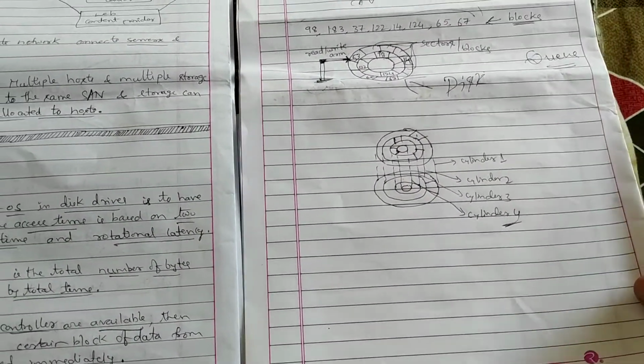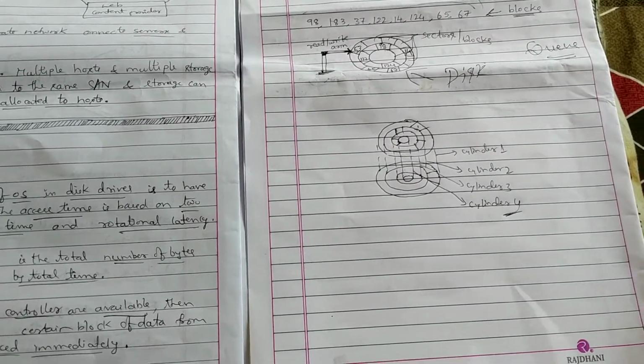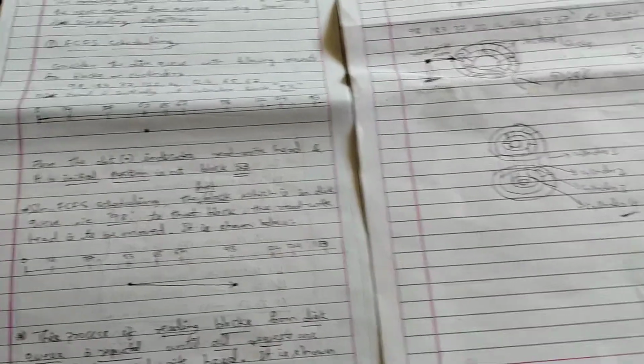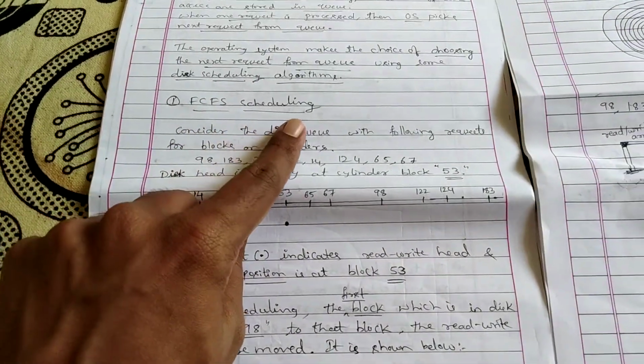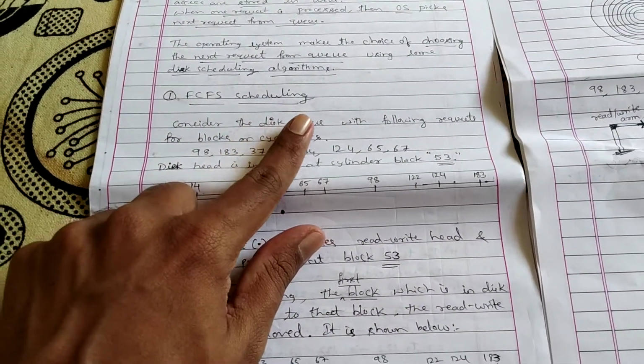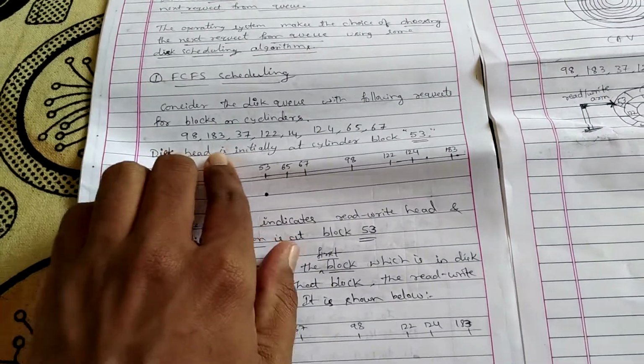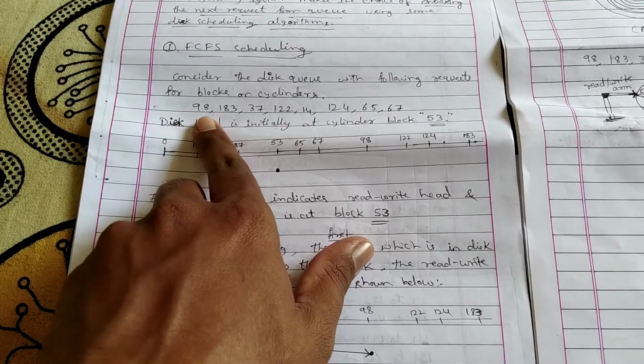Okay, fine. With that knowledge we will solve the problem with the first scheduling technique, first come first served. In this technique you will be given a problem like this: a sequence of blocks.